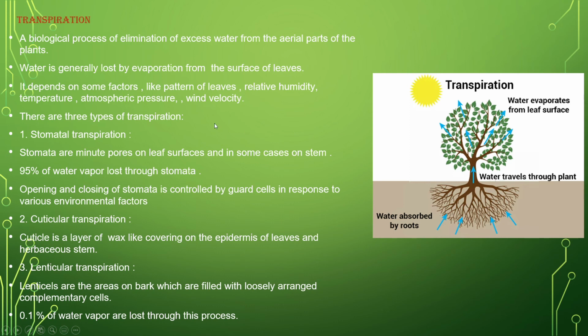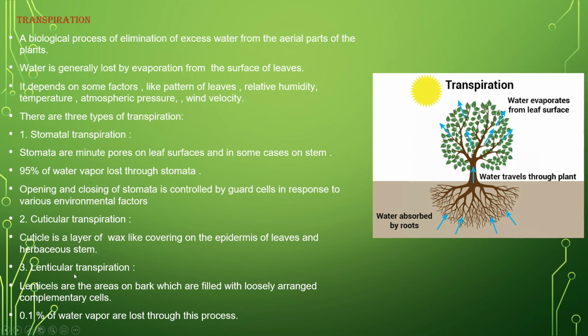And there are three types of transpiration. You can see that one is stomatal transpiration. That means when the transpiration occurs through the stomata, almost 95% of water vapor is lost through stomata. And cuticular transpiration means the cuticle is a wax layer covering the epidermis of leaves and herbaceous stem. And through cuticular transpiration, almost 4 to 5% of water is lost.